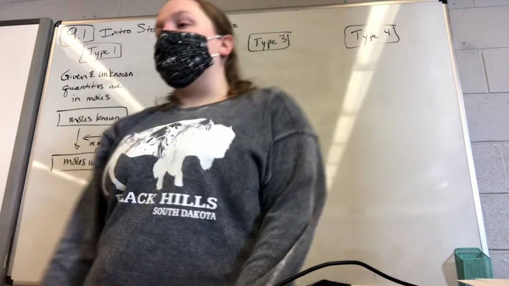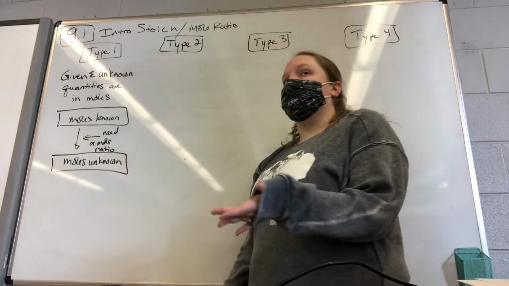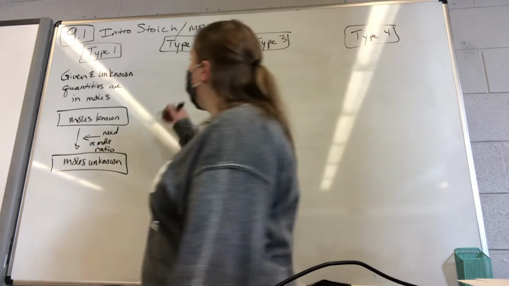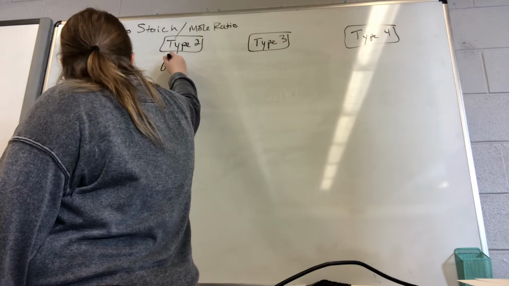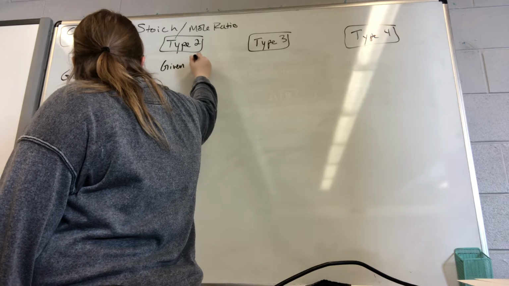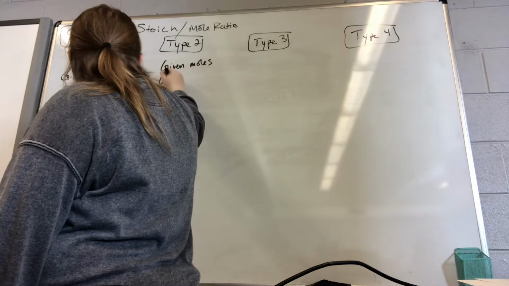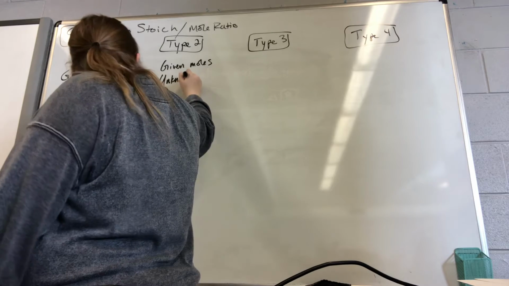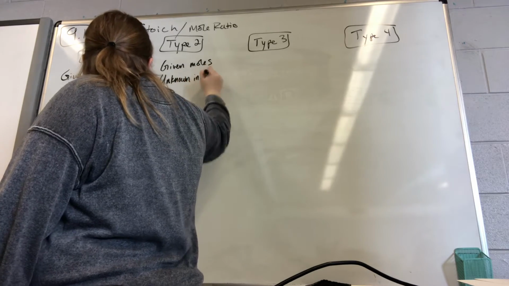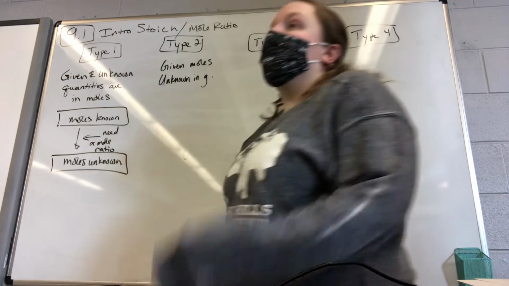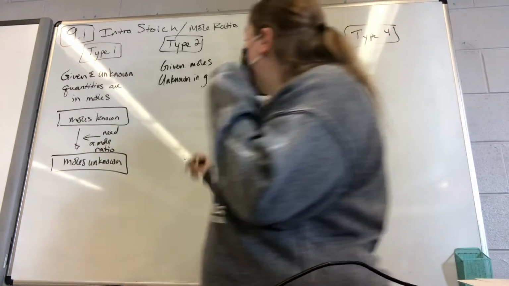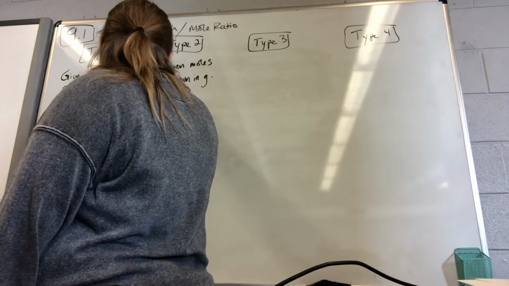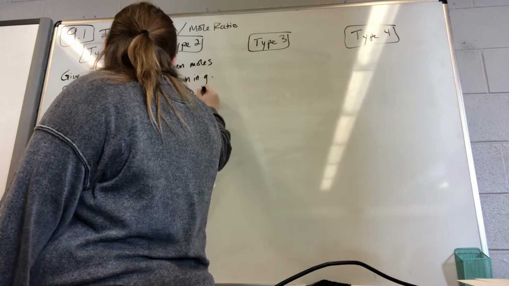Types 2 and 3 are similar, they're just kind of in reverse. So in type 2, our given is moles, our unknown is grams. In this particular type, we're going to start with moles of a known.